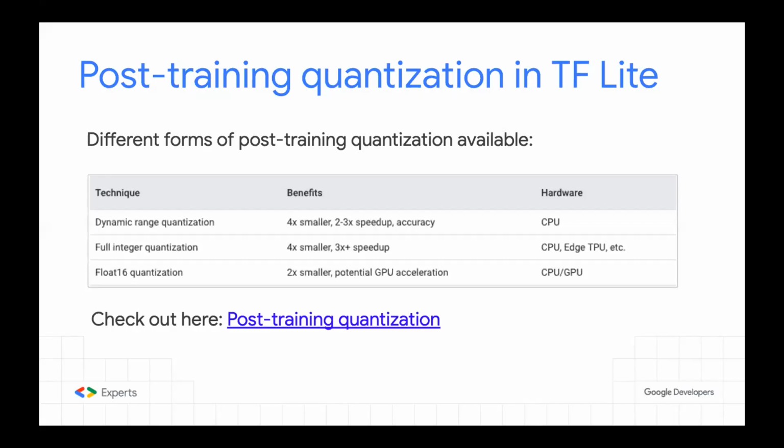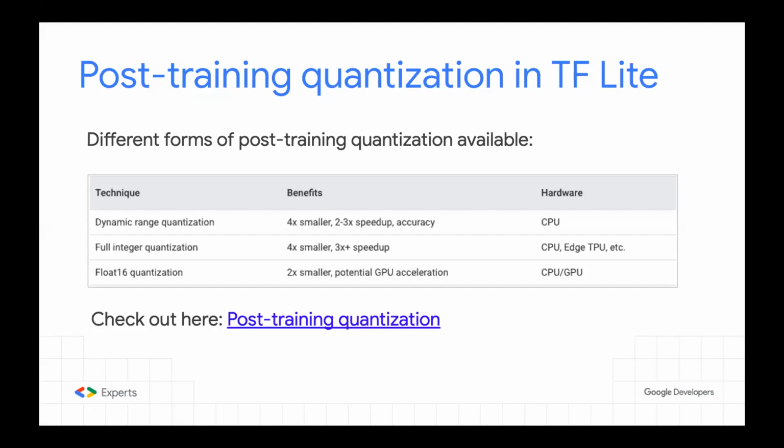So there are different types of post-training quantization recipes available in TensorFlow Lite. Based on the needs of your application, you would want to select a particular strategy. For example, with dynamic range quantization, you get benefits like size reduction of up to 4x, typically a 2 to 3x speedup in model inference, and accuracy is kind of retained.